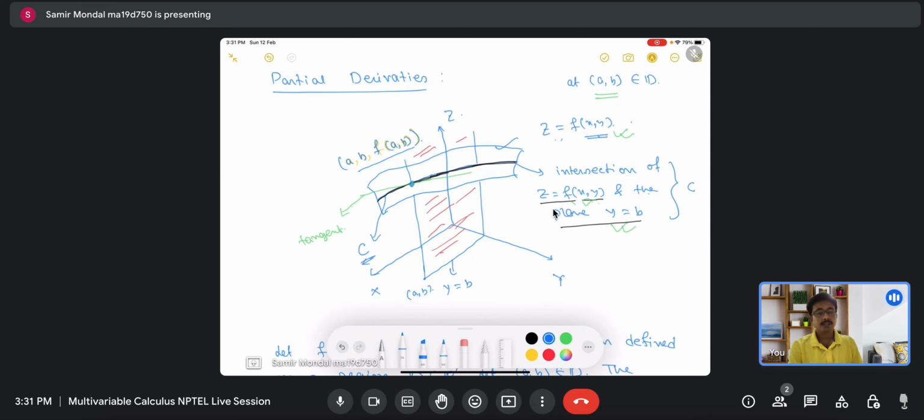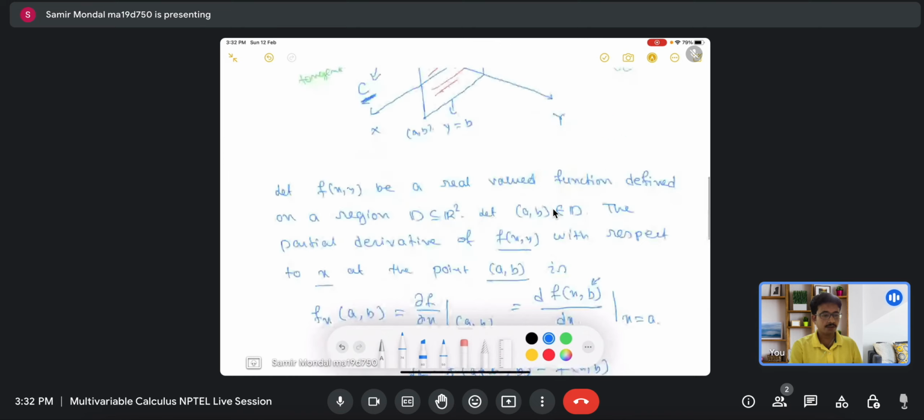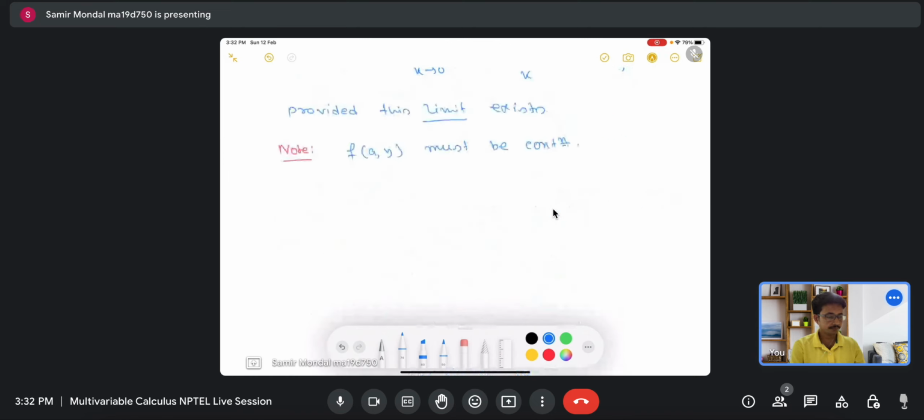It is the slope of the tangent at this point, on which curve? On the curve C. This is the geometrical interpretation of the partial derivative with respect to x. So here I am writing this one, geometrical interpretation.